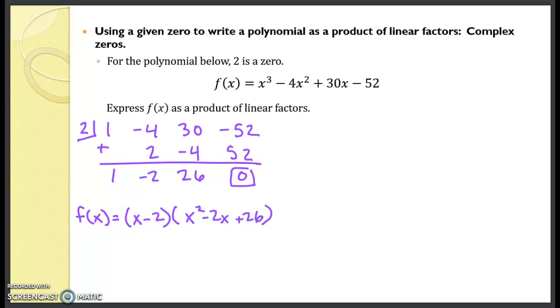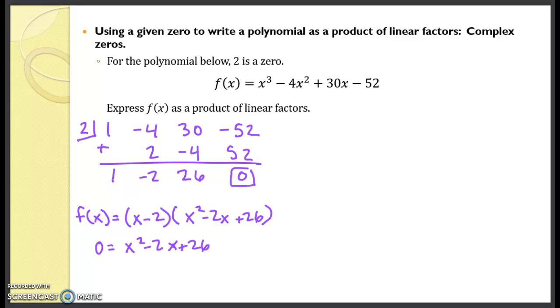Alright, now I can try and factor what I have left, but it won't factor. So I have to let 0 equal this x squared minus 2x plus 26. And the only way to solve this is with the quadratic formula.